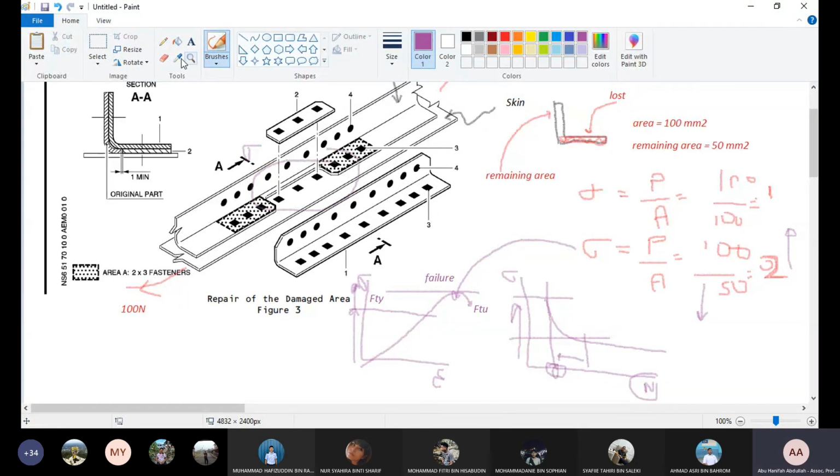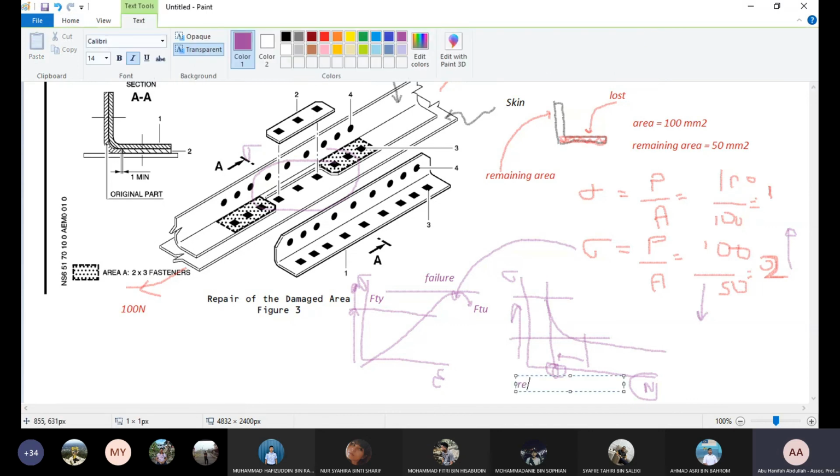So what can happen here is that higher stress reduces the life of the structure. After this, I will put one quiz on this.